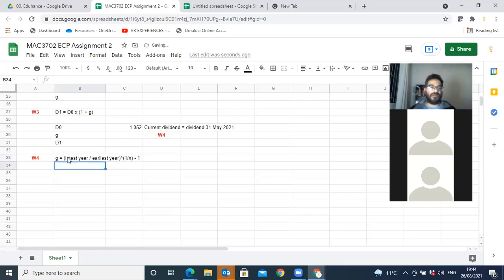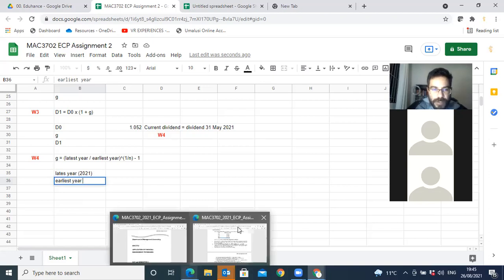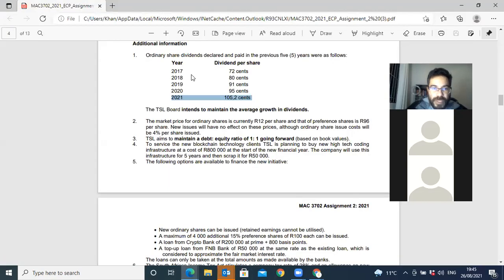So that is the formula. To get growth, we're going to need the latest year, which is 2021, and the earliest year, which was, I don't know, which was 2017.